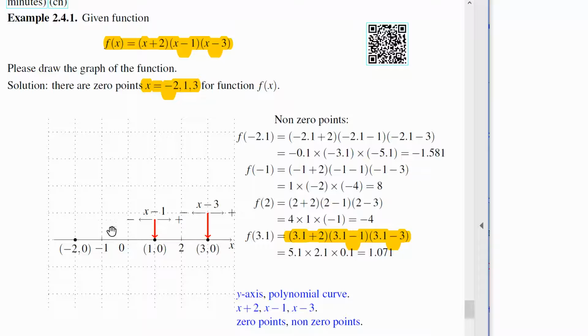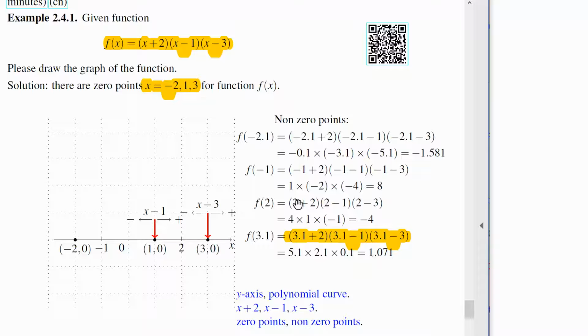And for the first factor, 3.1 plus 2, you get all positives. So for 3.1, you get all positives, and the value is 1.071.